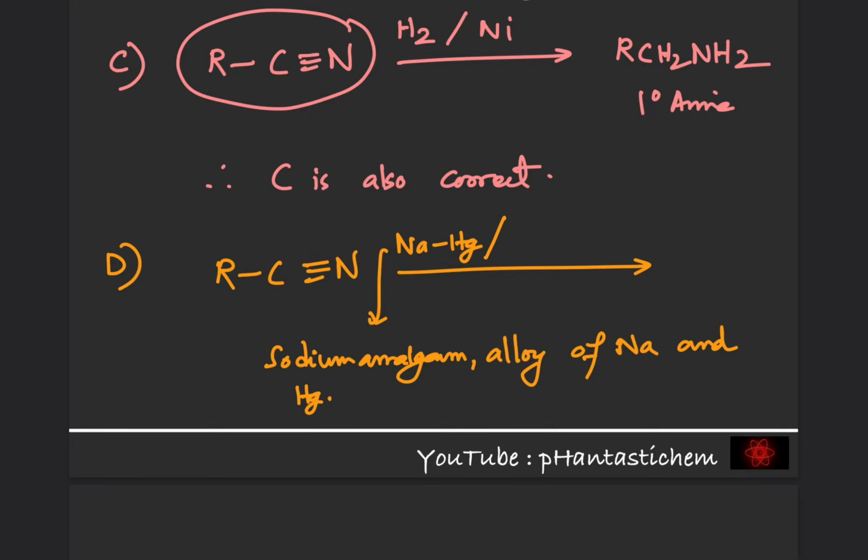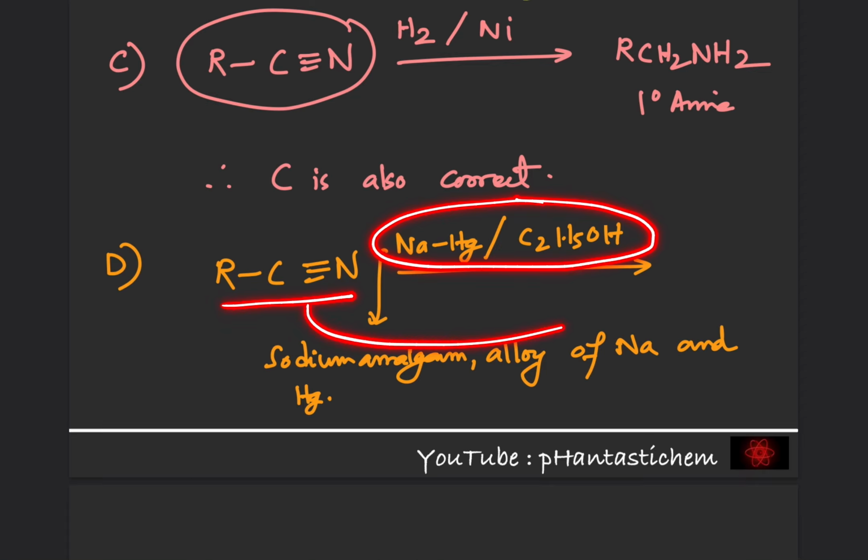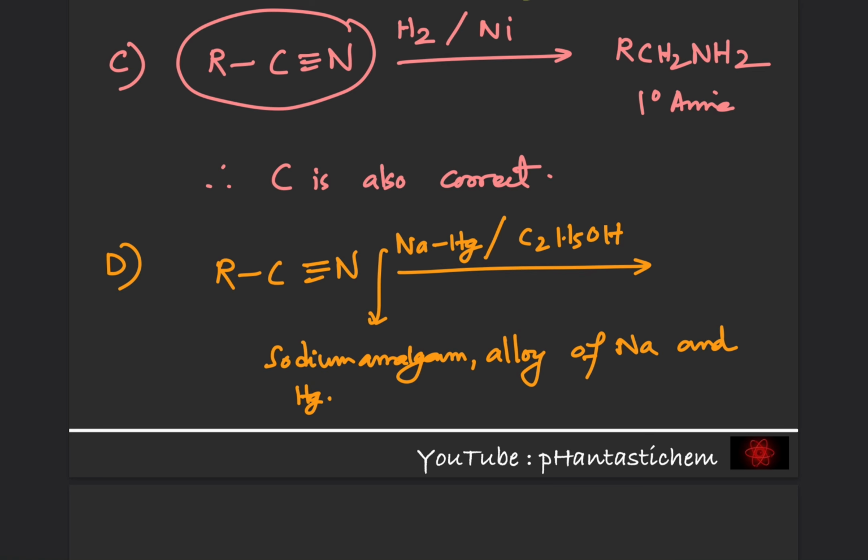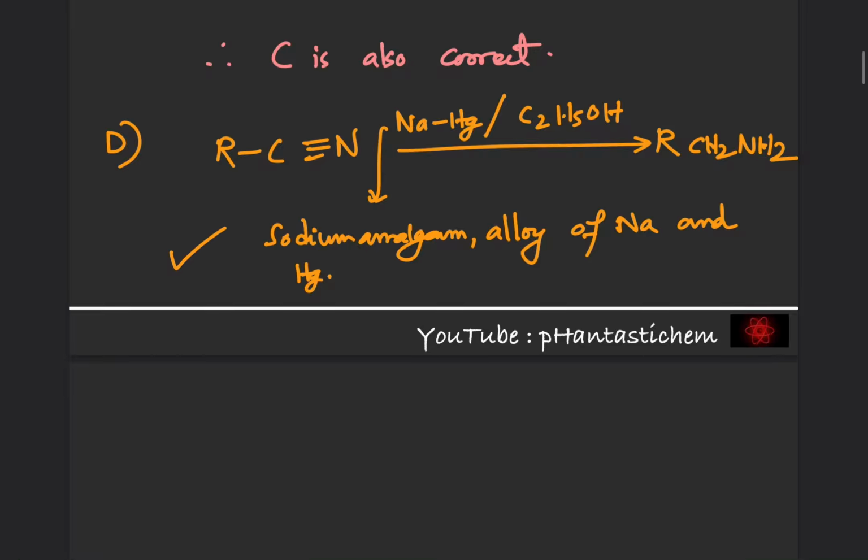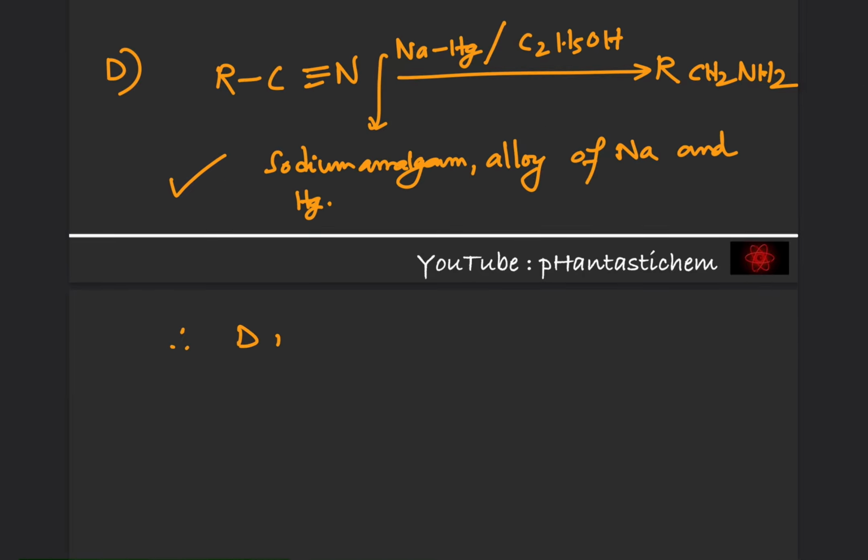Okay, and this is in ethanol, C2H5OH. So whenever these two are present and you have a nitrile or a cyanide, this gets reduced to the corresponding primary amine. So we will be getting RCH2NH2. So therefore, yes, D is also correct. So we can use sodium amalgam in ethanol to reduce nitrile to primary amines.